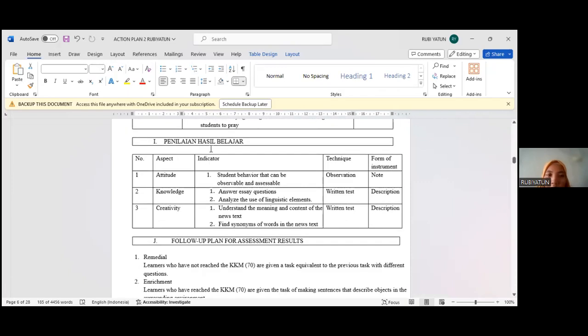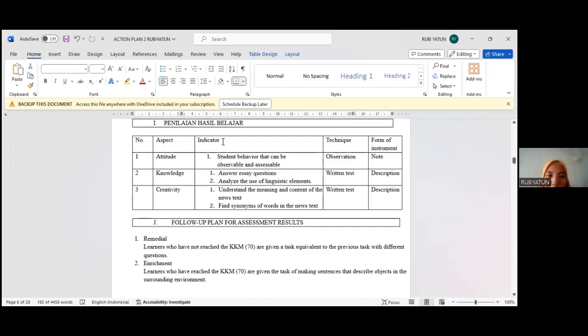And then for the assessment, penilaian hasil belajar, assessment of the result of study using attitude, knowledge, and creativity. For attitude, the indicator is student behavior that can be observed and assessed using observation or notes.